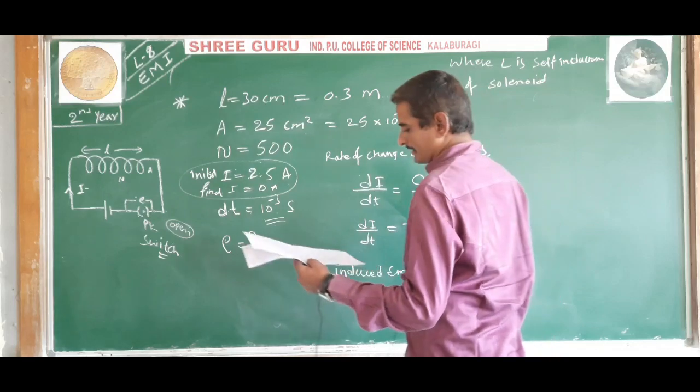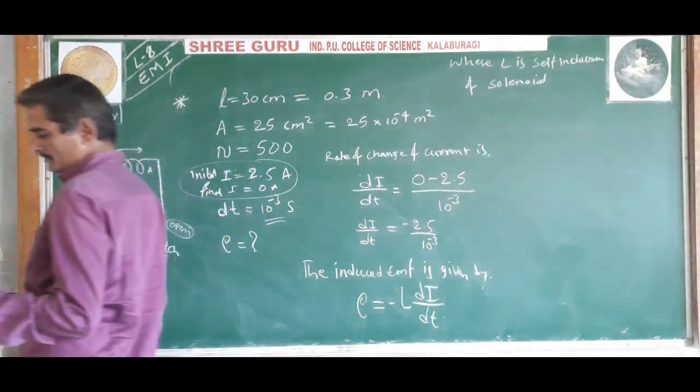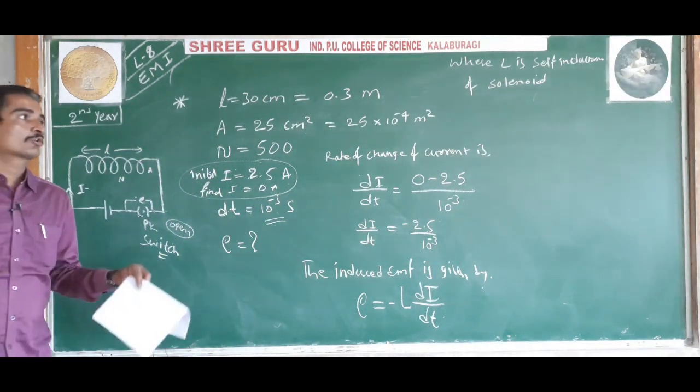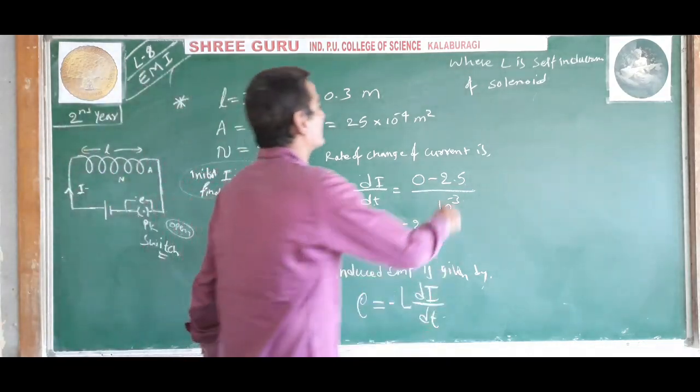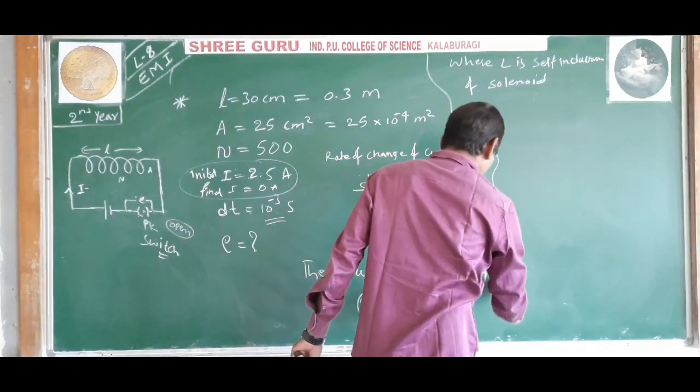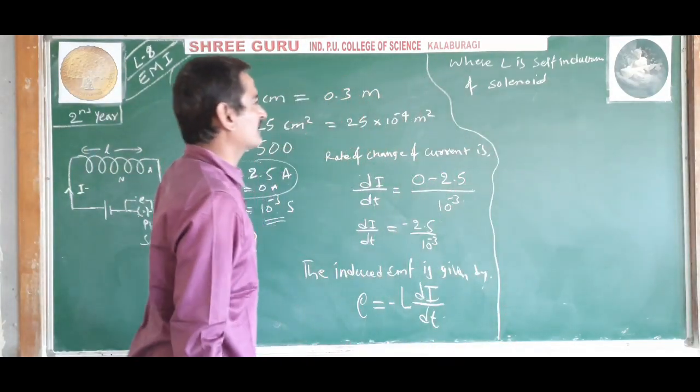See the question properly, is it a solenoid or a coil? An air-cored solenoid. He has mentioned in the beginning only, air-cored solenoid. So L is the self-inductance of the solenoid.